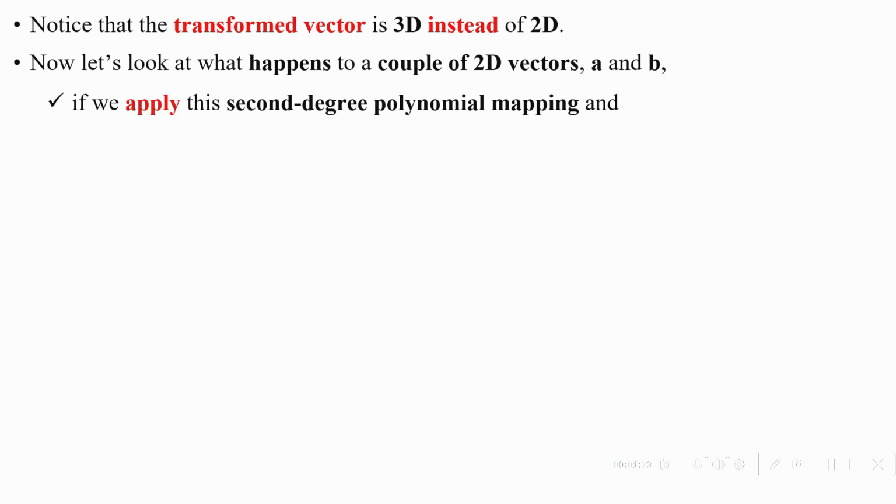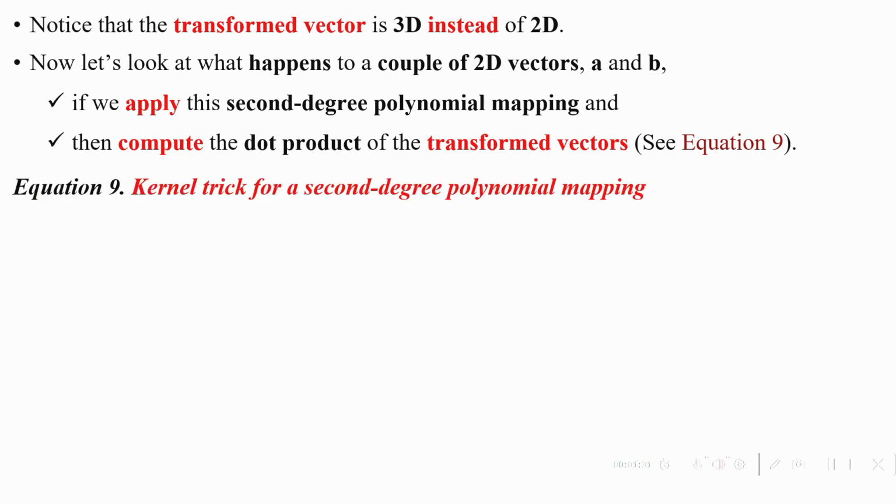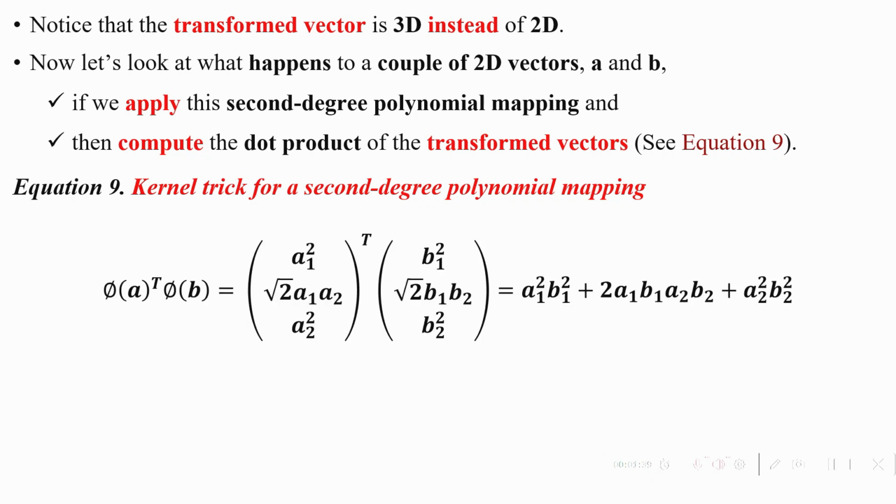If you apply this second degree polynomial mapping function and then compute the dot product of the transformed vectors, the equation is phi of a transpose phi of b, which is equal to a1 square, square root of 2 a1 a2, a2 square, transpose, times b1 square, square root of 2 b1 b2, b2 square.